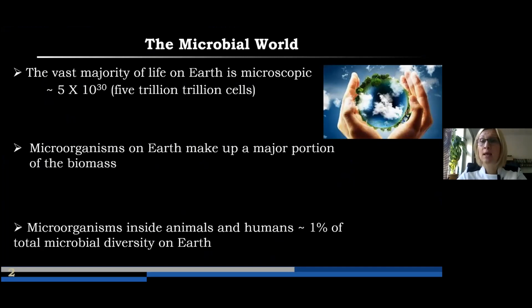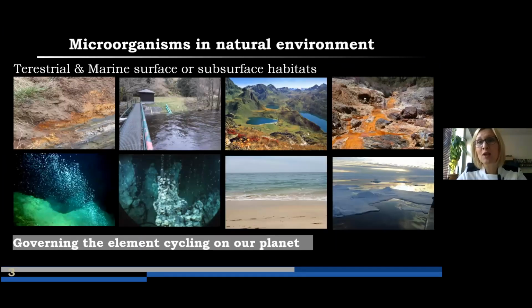They also make a major part of our biomass on Earth, and the diversity in humans and animals is about 1%. So the rest of the diversity is out there. It's basically waiting for us to discover and to understand.